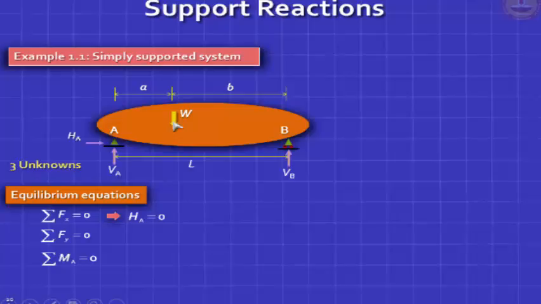So, in general, the closer W is to the support A, the higher the reaction here and the lower the reaction there, and the sum of the reactions must be equal to W. So if you say the y-axis is positive upward, this is how you write VA plus VB minus W equal to 0, which is like saying VA plus VB equals W.